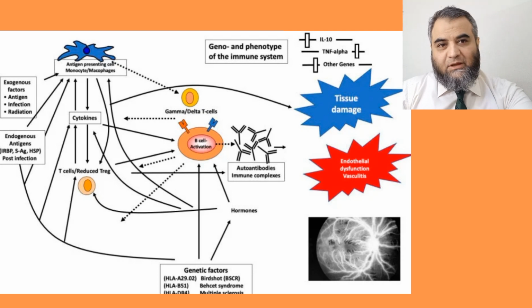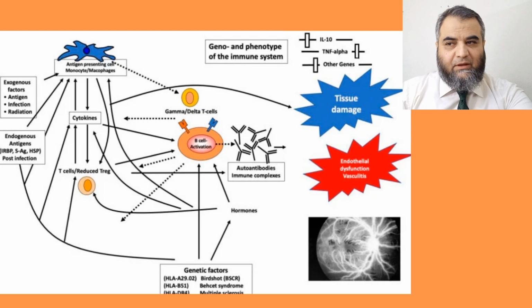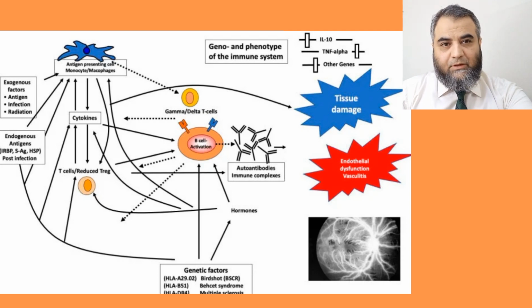The exogenous factors include multiple infections, radiations, all these. All these factors, which I will discuss in detail, ultimately lead to B cell activation. And after the activation of the B cells, the tissue damage happens. So this was a very beautiful schematic diagram showing the genotype and phenotype of the vasculitis in the retina.